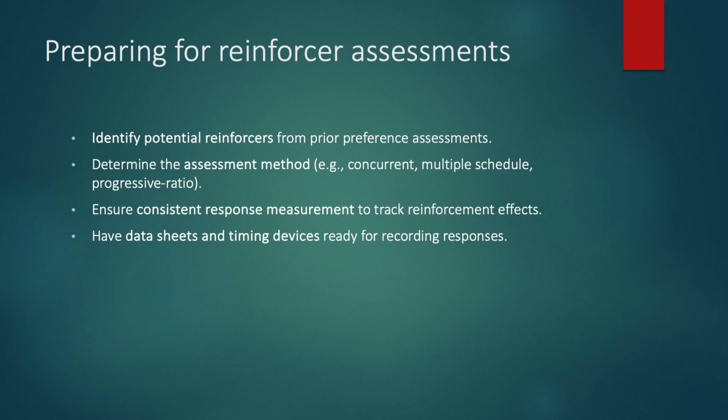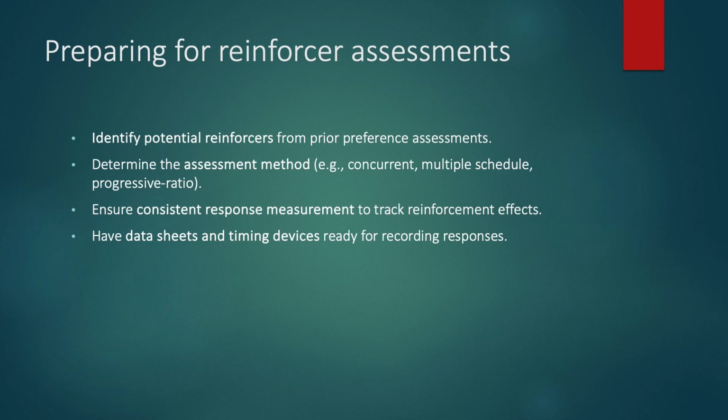So how exactly do we prepare for a reinforcer assessment? Well, the first step is to have a list of items that you want to assess their reinforcing value, okay? And typically this list comes from those items that you've identified in the preference assessment as being preferred items.